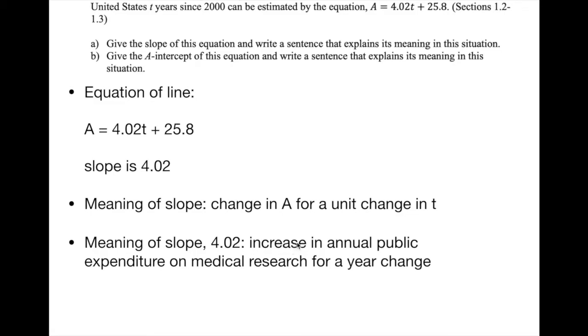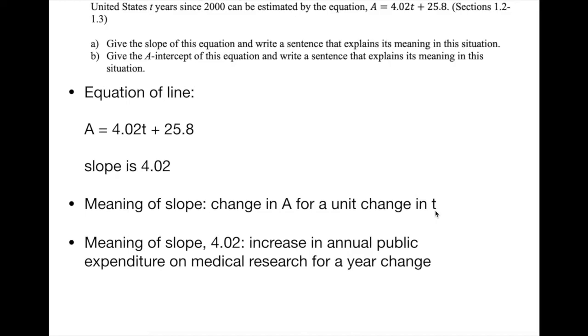So increase in A, which is, if you look at the question, that's annual amount of public expenditure on medical research. So you can put it here, annual public expenditure on medical research. Then let's keep going for unit change in T. T is very similar to the previous question.